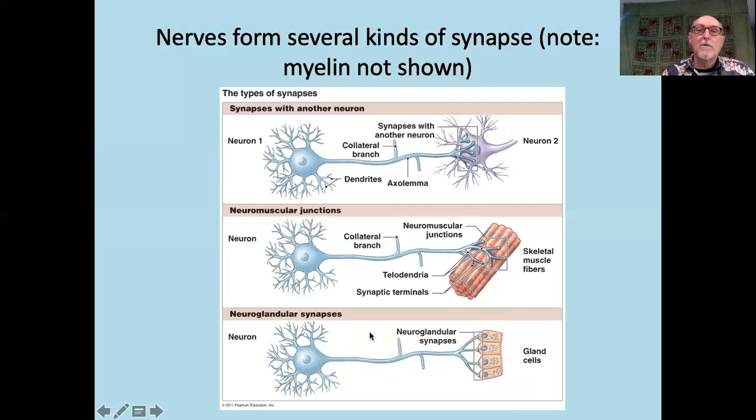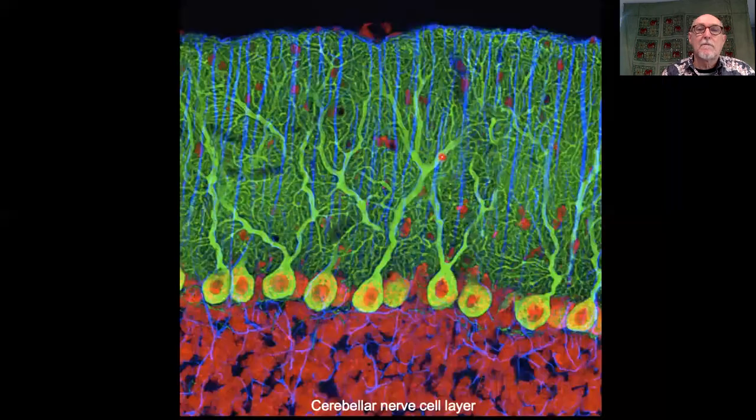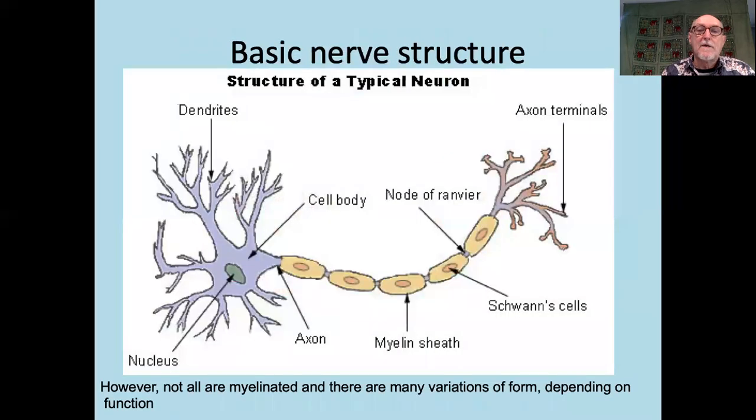There's just one other thing I want to tell you. You remember I showed you before, let me show you again, that nerve cells had this insulating sheath around them of myelin.